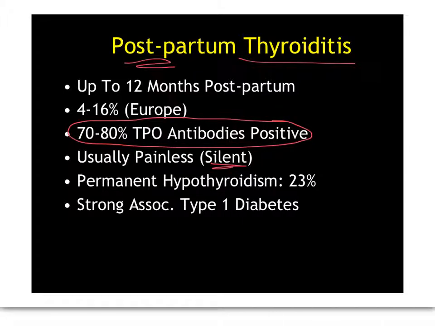In this case, it's usually silent. There is no pain in the neck, and it can be frequently followed by permanent hypothyroidism. And like all the other autoimmune diseases we talked about, it's strongly associated with other organ-specific autoimmune diseases, and especially type 1 diabetes.